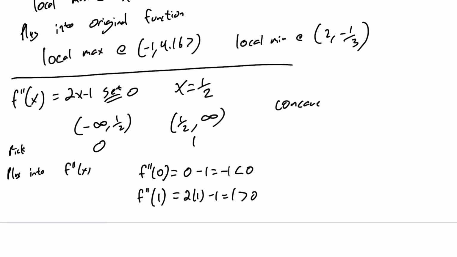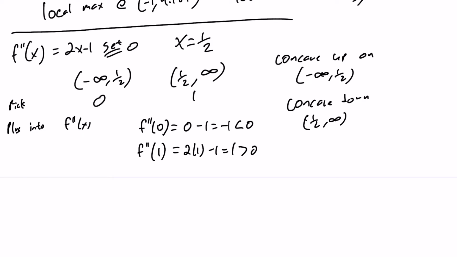So that means we are concave up on the interval from minus infinity to 1/2, and we're concave down on the interval from 1/2 to infinity. Because the second derivative changes sign here, that tells us that this is indeed a point of inflection. And so let's get the x, y values for this point of inflection.